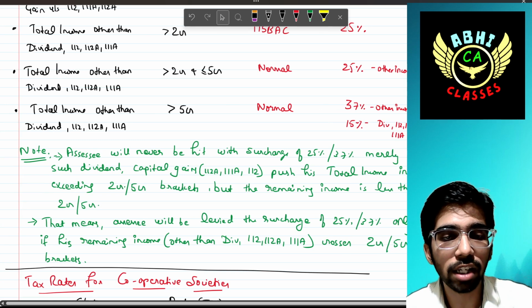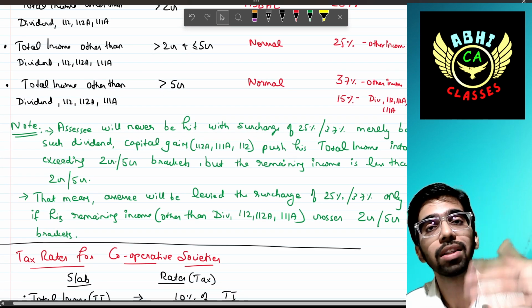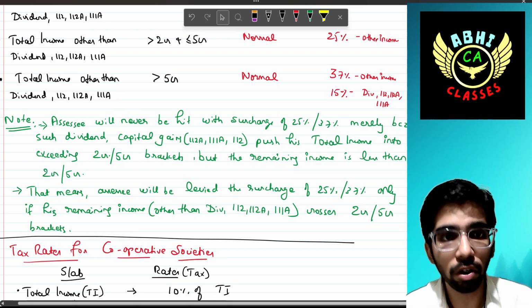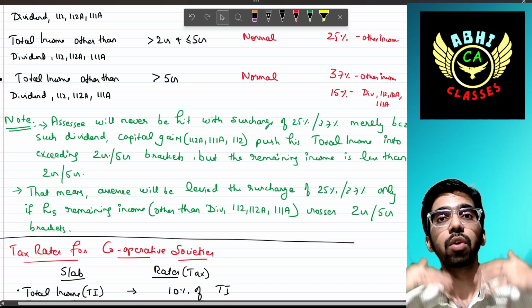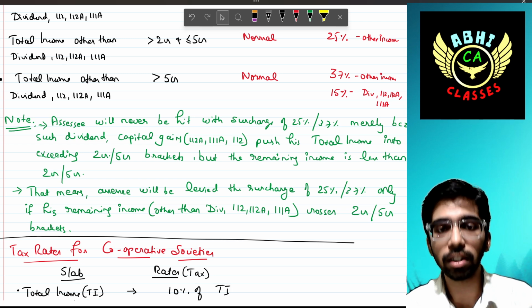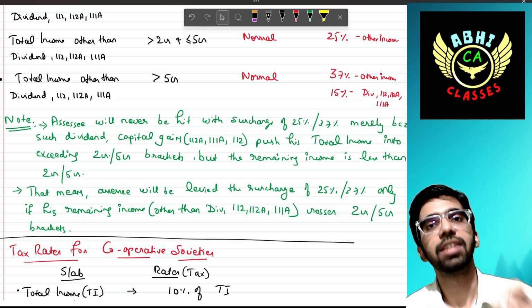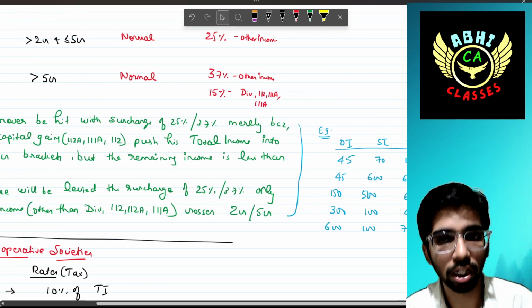But what it says is, SSC will never be hit by the surcharge of 25% or 37% merely because such dividend pushes his income above 2 crore or 5 crore. The SSC will be levied the surcharge of 25% only if the remaining income exceeds 2 crore or 5 crore respectively.